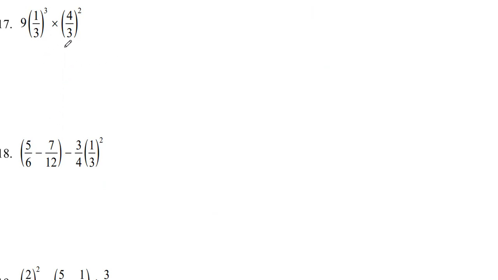17 and 18 are both fraction questions where we have in 17 exponents, and in 18 we're going to have some negative fractions. So number 17, we have 9 times 1/3 cubed times 4/3 squared. So we need to do the exponents first. 1/3 cubed is 1/3 times 1/3 times 1/3.